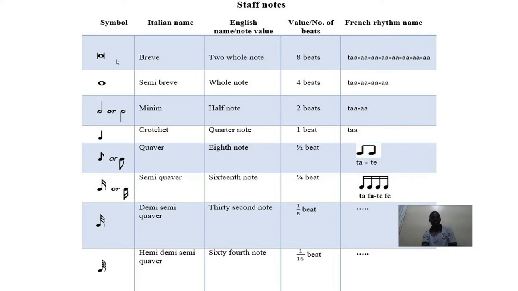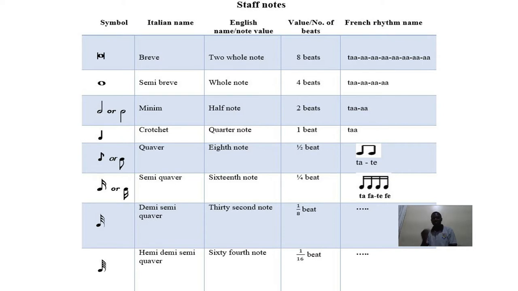One, we have the symbol oval with two bars at the sides. This is called a breve. A breve is also a double whole note, and it is 8 beats long. Ta. That is the French rhythm name.